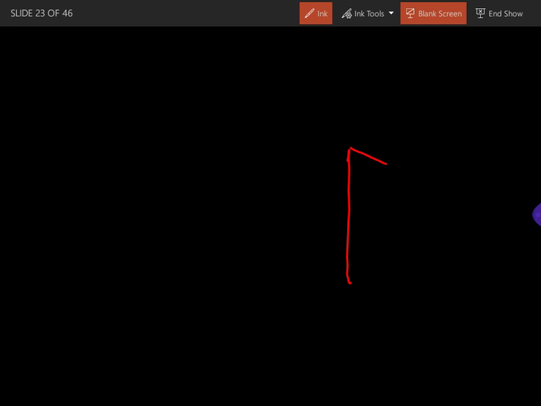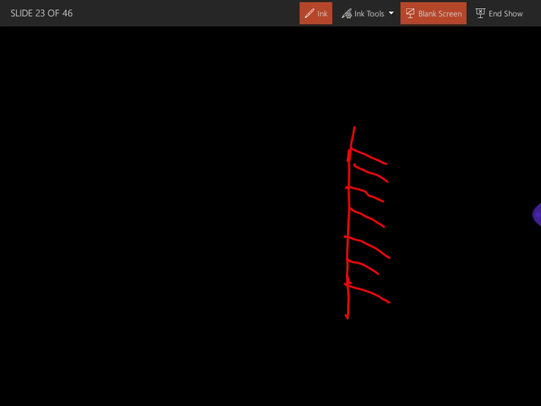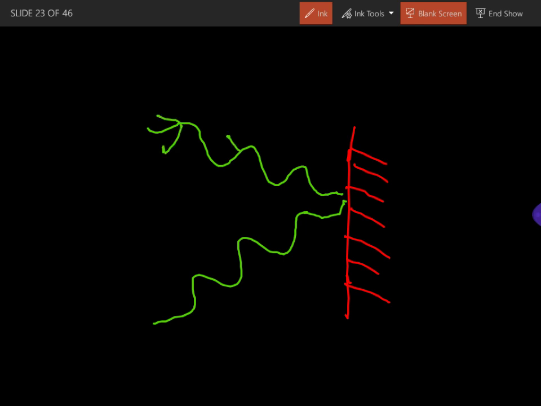So let's say you have a wall which is made up of thick concrete, and you have a radio wave coming through air and hitting that wall, it will reflect in this direction.